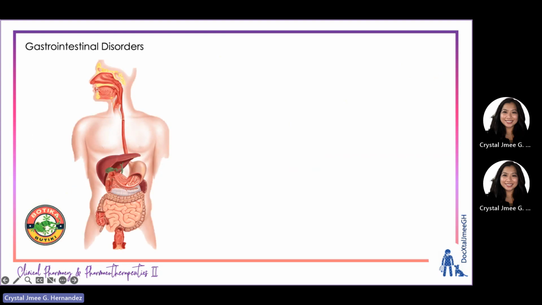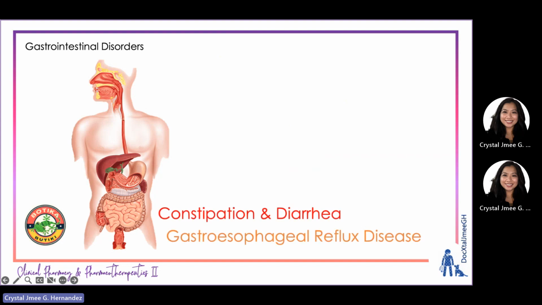So we are now halfway through our discussion of the gastrointestinal disorders. Particularly, we are now going to focus on gastroesophageal reflux disease or GERD, and also to include peptic ulcer disease or PUD.